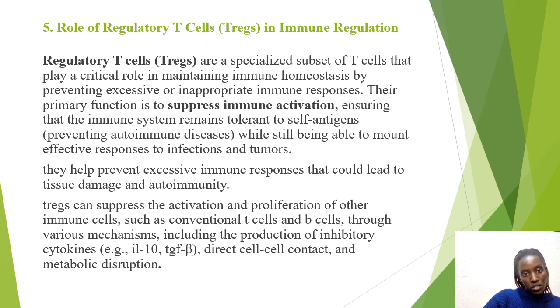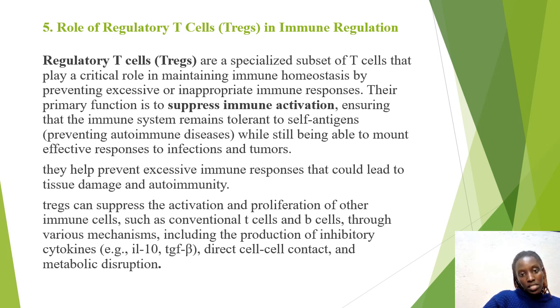Their primary function is to suppress immune activation, ensuring that the immune system remains tolerant to self-antigens, preventing autoimmune diseases while still being able to mount effective responses to infections and tumors. These regulatory T cells help prevent excessive immune responses that could lead to tissue damage and autoimmunity.